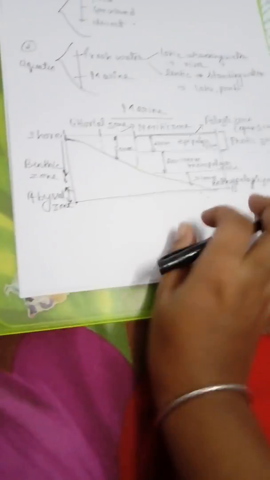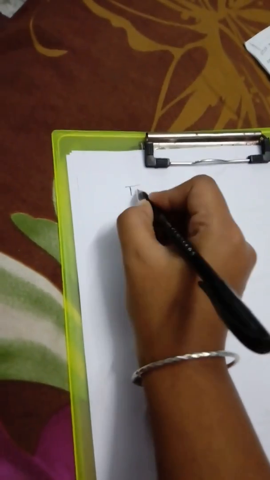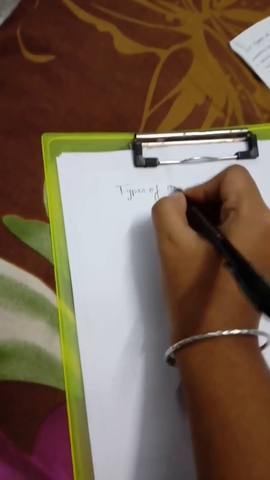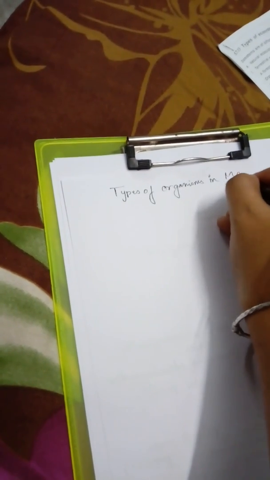After that, let me go further. Now we have to study the types of organisms found here. We'll study the types of organisms in the marine ecosystem.